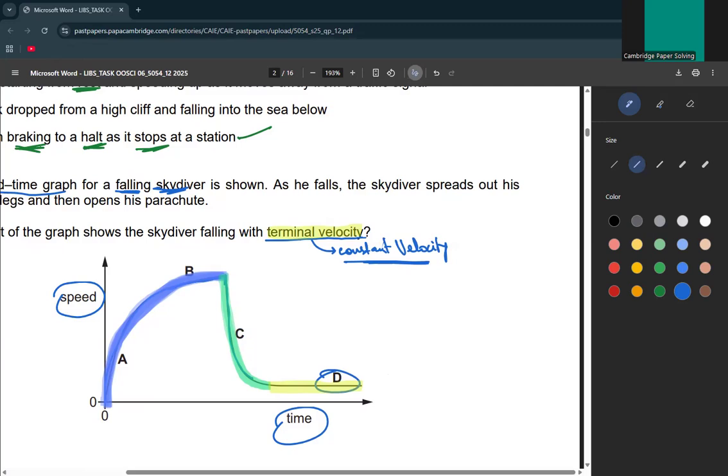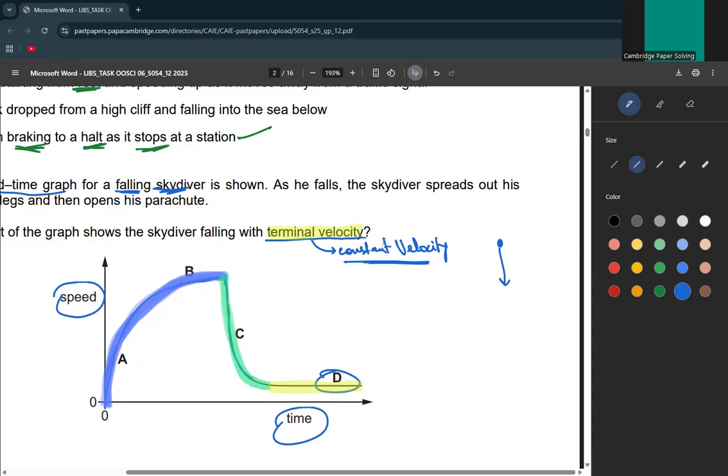Basically what happens is that, in this case, the skydiver is falling. As soon as the skydiver jumps out of the plane, he is moving downwards.